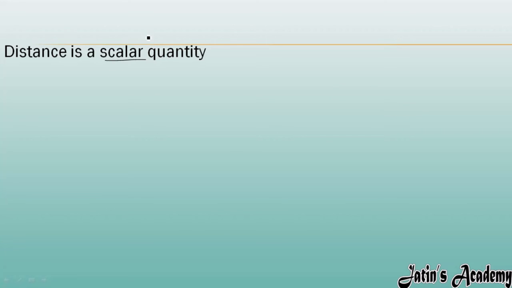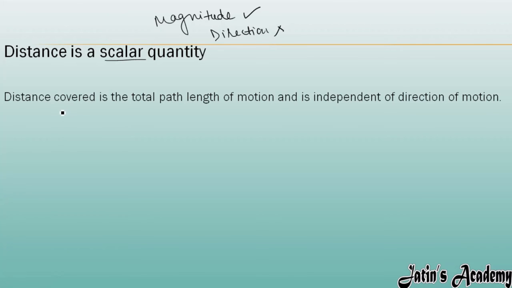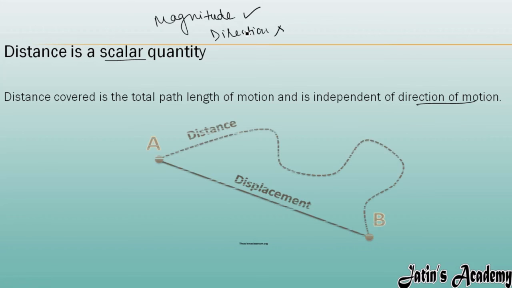Distance is a scalar quantity means in distance we will only take care of magnitude. We will not see the direction in which the boy moved. That is not our problem. So we will see only magnitude. Distance covered is the total path length of motion and is independent of the direction of motion. So distance will not depend upon direction. Distance will only take care of the magnitude.